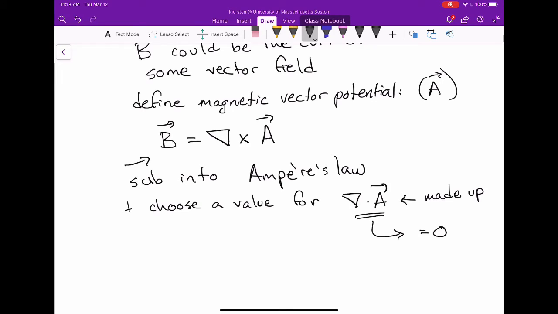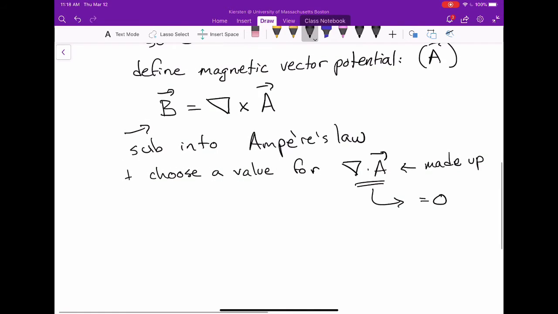Then Ampere's law becomes the Laplacian of A is equal to mu J, where J here is the current density. That's a volume current density in general.